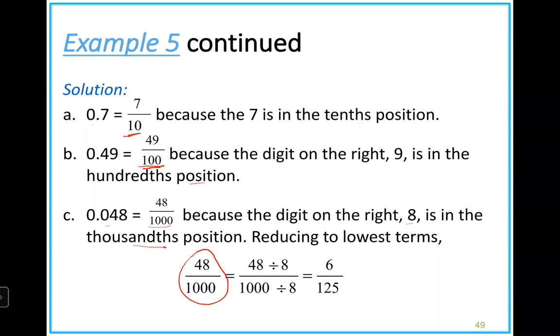You could divide by 2, then 4, or by 2, then 2, then 2, but they use the greatest common divisor, which in this case is 8. If you divide by 8, you get 6 over 125. So in lowest terms, it's equal to 6 over 125. But if you wanted to, you could start with a smaller number like 2 and keep dividing until you can't divide anymore. You'd still get 6 over 125 as your final answer.